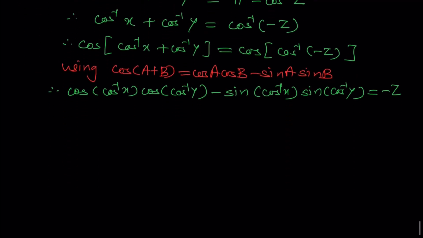Therefore, now cos of cos inverse x is x, cos of cos inverse y is y, minus sin of cos inverse x, which we want to write in terms of sin inverse. So this is nothing but sin inverse of root 1 minus x square.